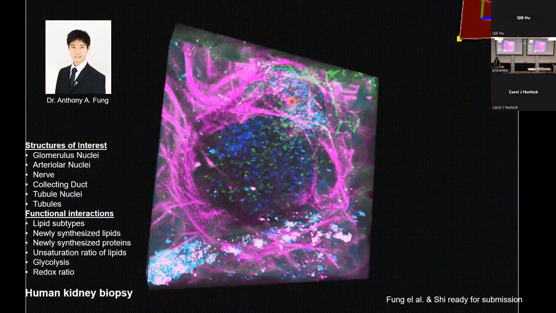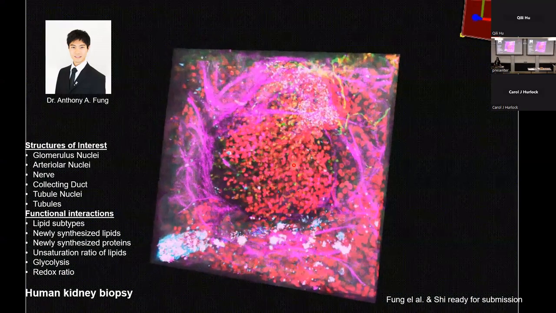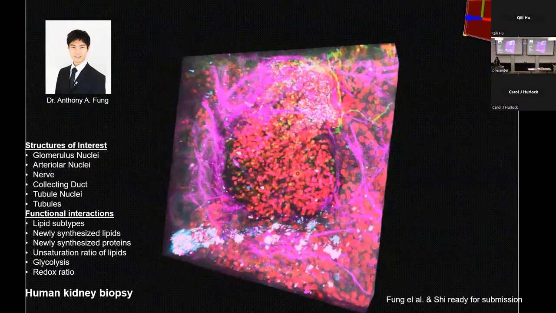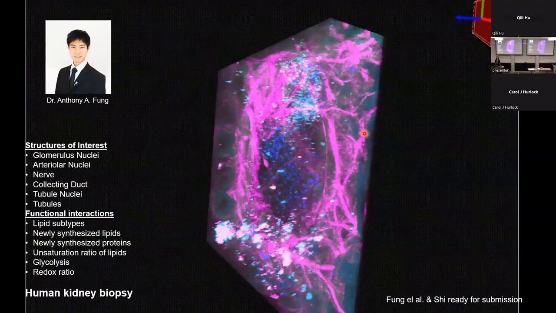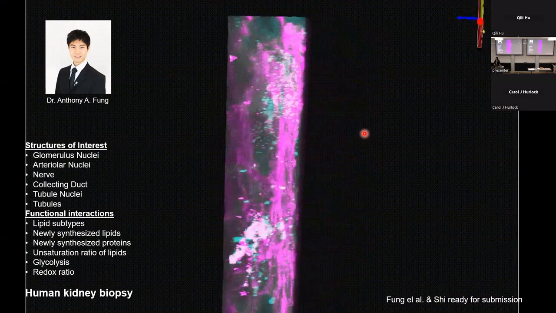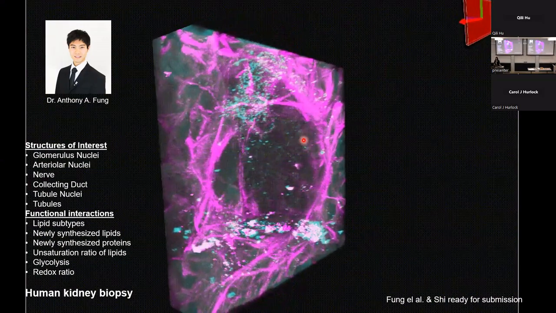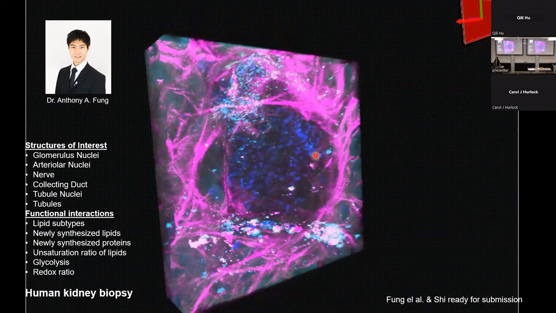So how can we interpret this image with the label-free imaging technology? It's a multimodal image. The magenta color is from second harmonic generation for the collagen extracellular matrix signal. And in the center, the round or spherical shape here is the glomeruli.